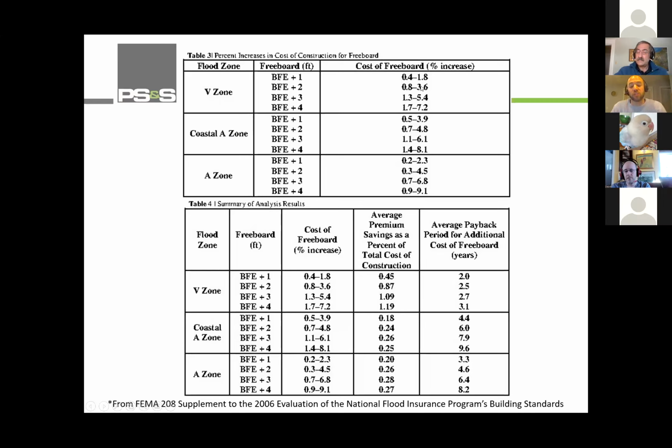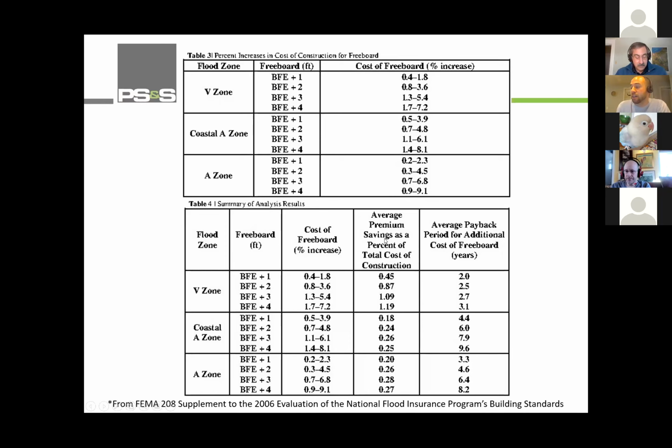Now, FEMA took this one step further in the study aptly named the supplement to the evaluation of the National Flood Insurance Program's building standards, where they also incorporated savings that you would get from a decrease in flood insurance payments in the premium. So here, these first 3 columns are the same.